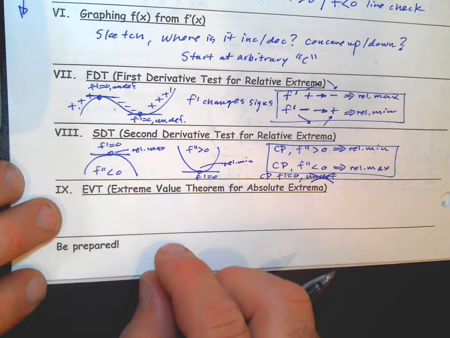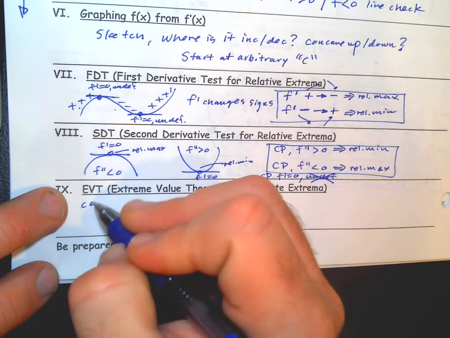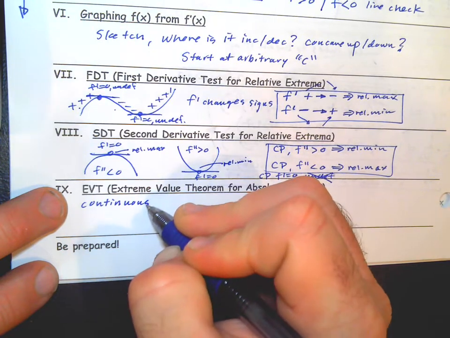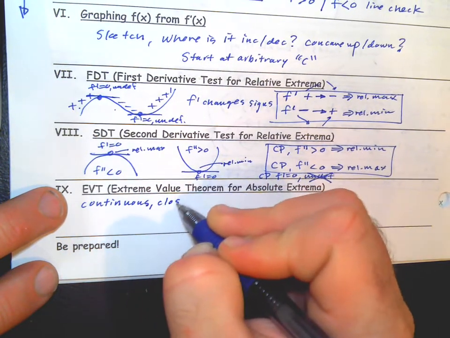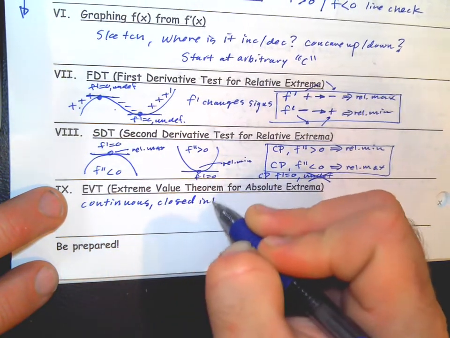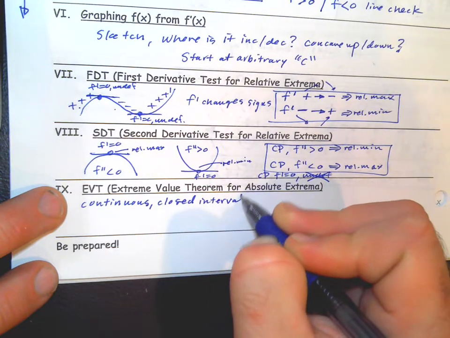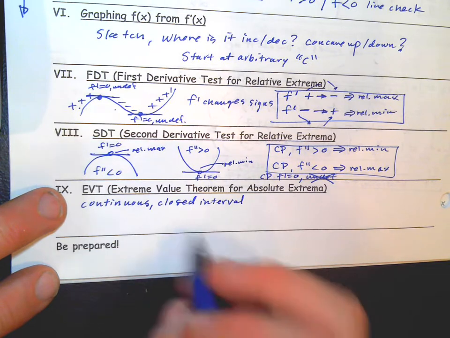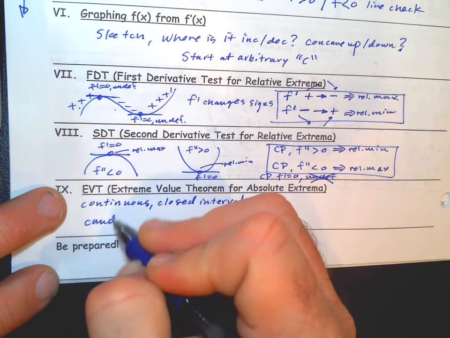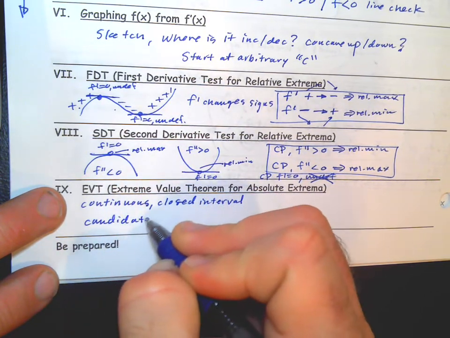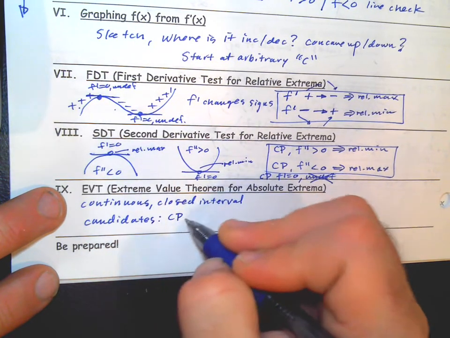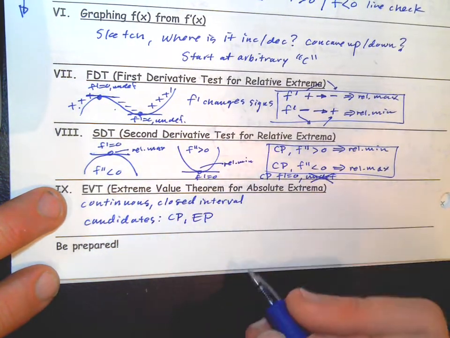EVT, extreme value theorem. There are some requirements for using this. The graph needs to be continuous and on a closed interval. So it's got to be all connected, no jump holes, no vertical asymptotes. It's got to have endpoints. And the candidates for the absolute max and min are going to be the critical points and the endpoints. You've got to check the endpoints.